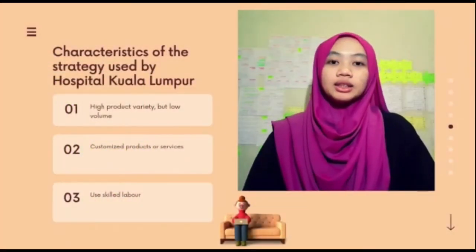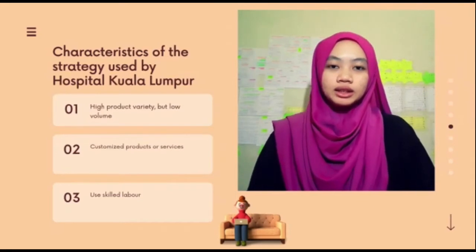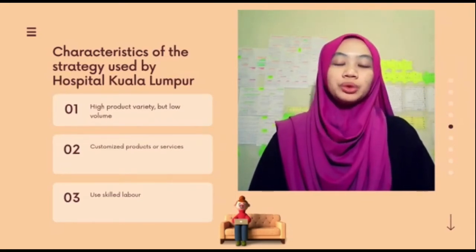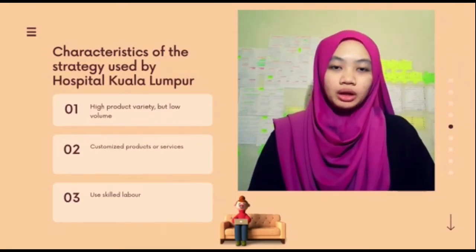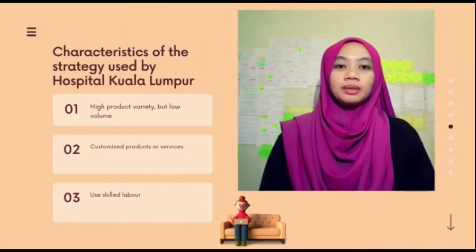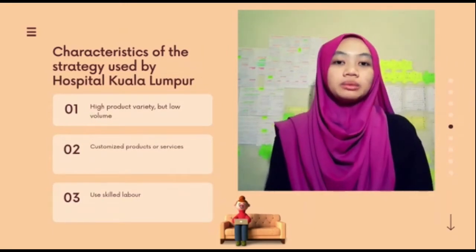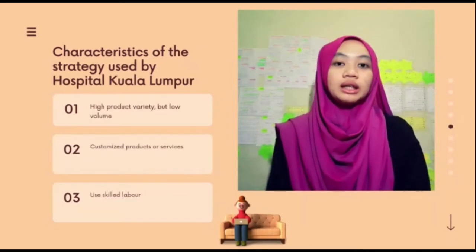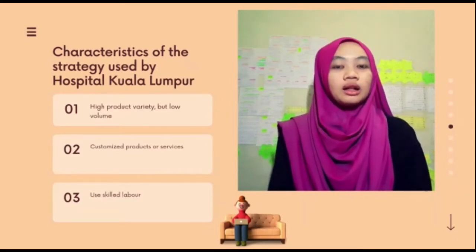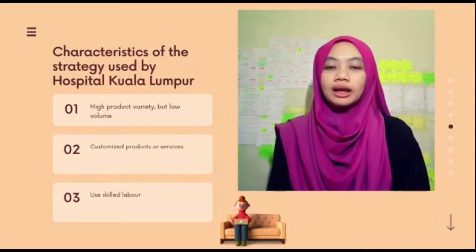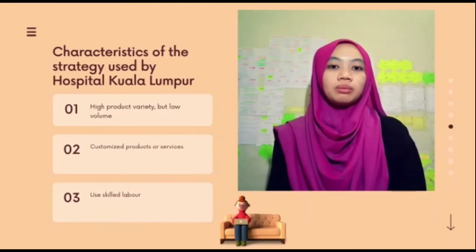The characteristic of the strategy used by Hospital Kuala Lumpur is high product variety but low volume, because each department provides different types of results, and low volume because not everyone goes into the same department in a day.